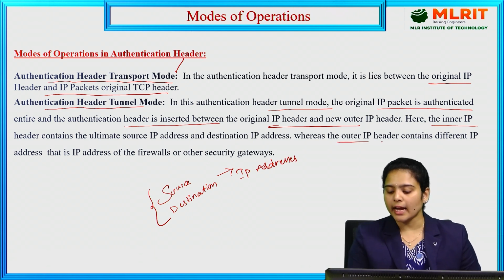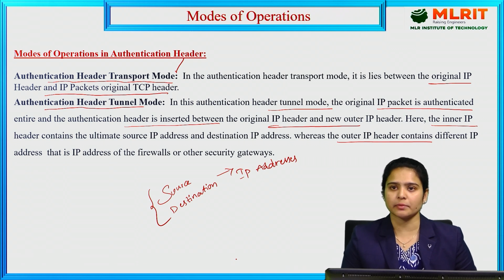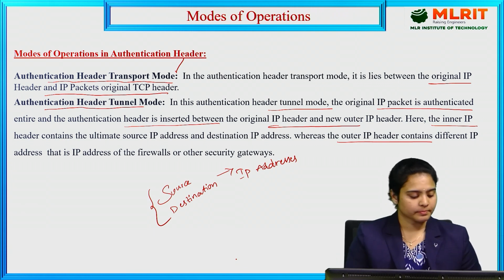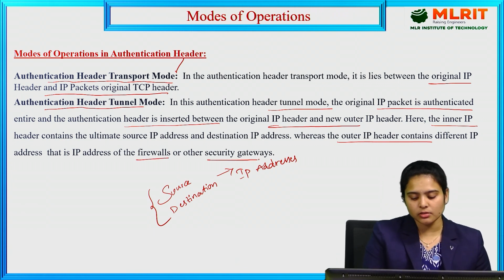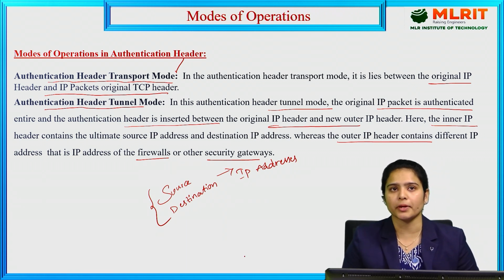Whenever the outer IP header contains different IP addresses, it may fall to some of the firewalls or other security gateways. Firewalls act on network IP addresses. They consist of firewalls or other security purposes in the modes of operation of the authentication header.